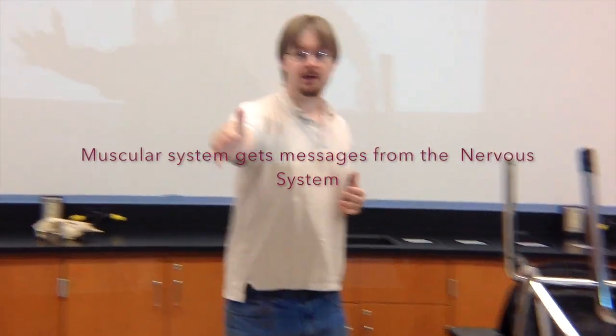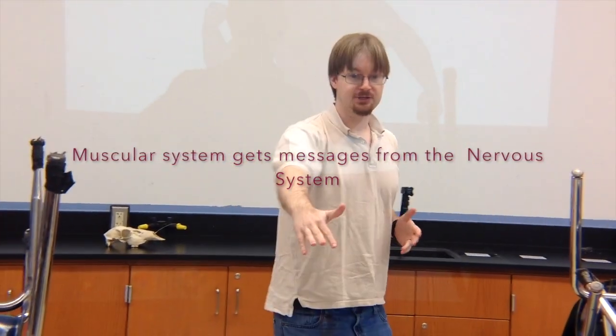The brain is the center of the nervous system. And the nervous system extends from the brain and interacts with every cell in your body to relay the instructions of the brain. So when I move my arm out like this, my muscles are getting an instruction from my nervous system, from my brain, so my arm follows my directions.